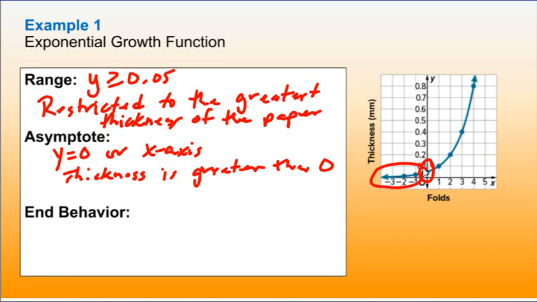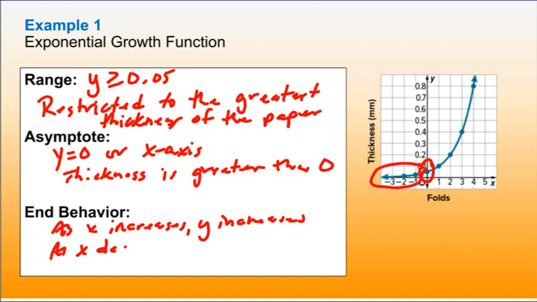And then the end behavior: as x increases, y increases, and as x decreases, y approaches 0.